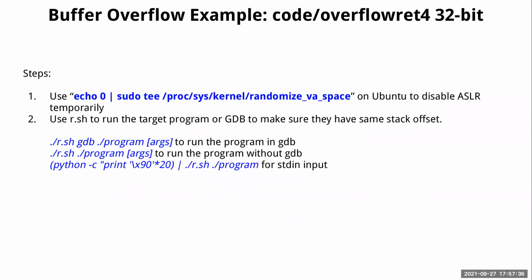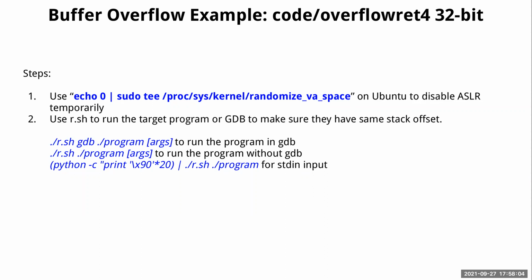Okay, so first we are going to disable address space layout randomization. Then we are going to use a tool. I didn't develop this tool, I just got it from GitHub. The purpose of this tool is to make sure that with or without GDB, your target program will have the same stack offset.